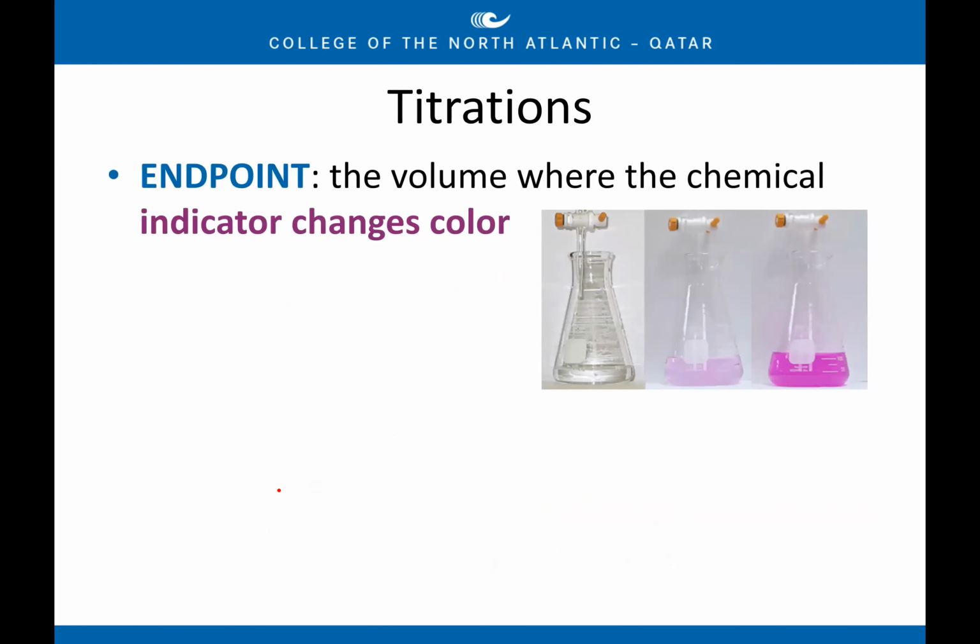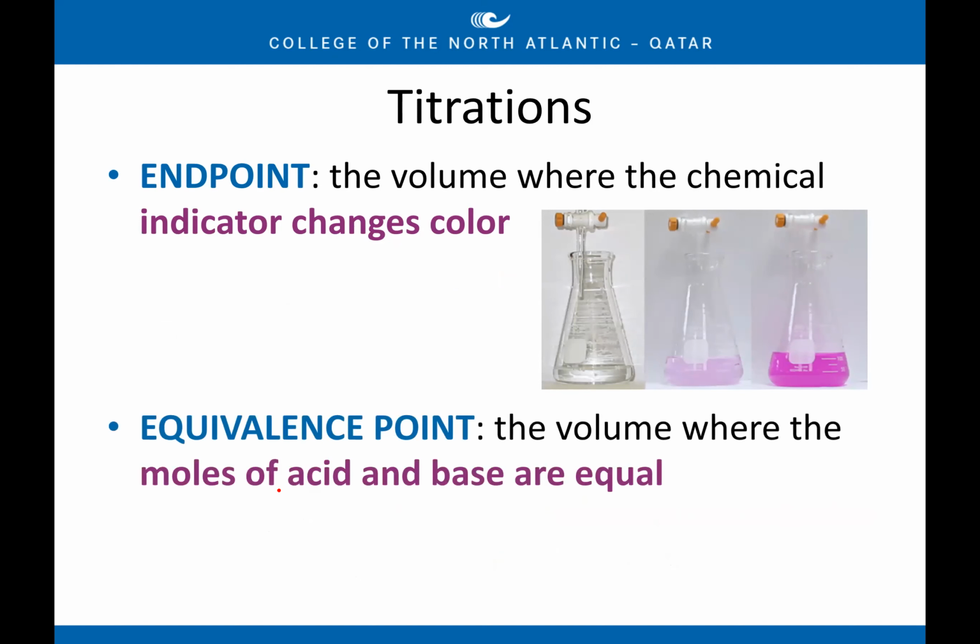So how do you know when you're doing a titration that it has been neutralized? Well, we use phenolphthalein or an indicator. And there's two definitions on this slide, and it's really important that you know the difference between these two terms. When you're doing the titration, there is an end point and an equivalence point.